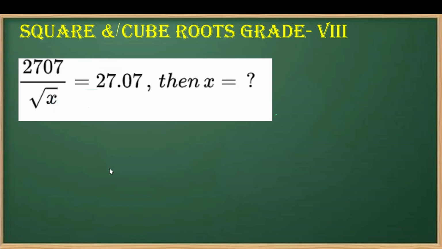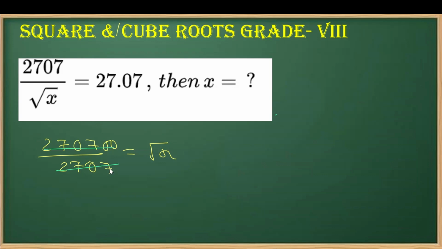So this way, what I can write over here is 2707 over 27.07. The idea here is to isolate this under root x. Now what we can do in the next go is to remove this decimal and put 2 more zeros over here. So we know that this can be cancelled.